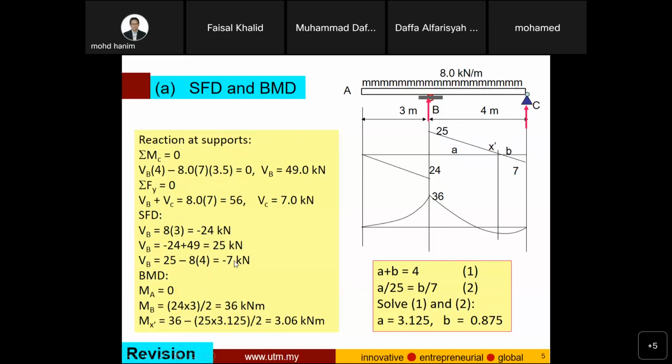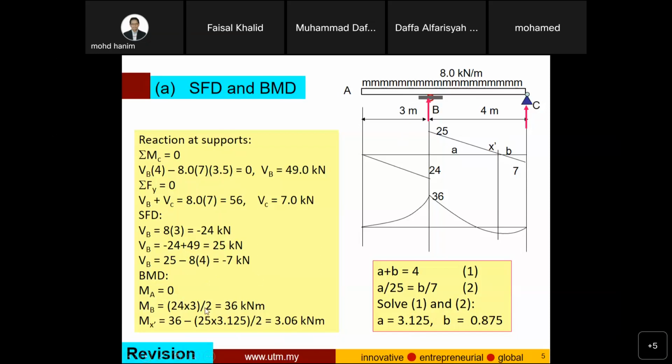If you just go to the final answer 97 without any calculation, you won't have any marks. You must show the calculation because this is not a computer. We want to know your understanding in solving this equation, this question. Then similarly the BMD, bending moment diagram, to show each of the points A, B, C.